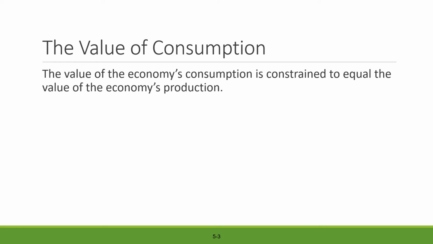We consume the exact amount that we have produced. But when we are trading, then we have an advantage, and that advantage is that we consume a different set than what we have produced. And how much we can consume, that actually depends on the value of our production.